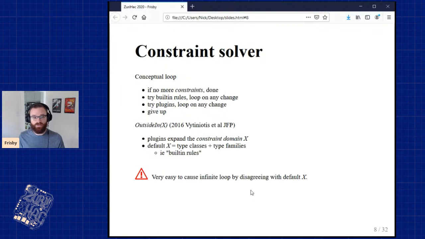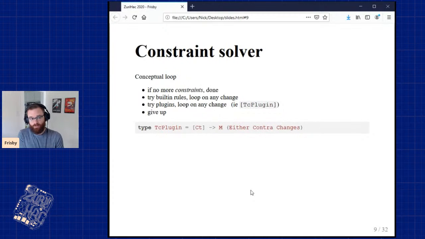So when you're interacting with equalities, there's a good chance that you're going to interfere with GHC's own solver and what it does on equalities. So this is like a warning that you need to understand the built-in rules, at least to some extent, to make sure you don't interfere with them. So if you always flip x equals y to y equals x and GHC always flips it back, then you're just going to have an infinite loop. And GHC has a limit on how long it'll go, but it'll just fail. You'll always fail to type check a module because of that.